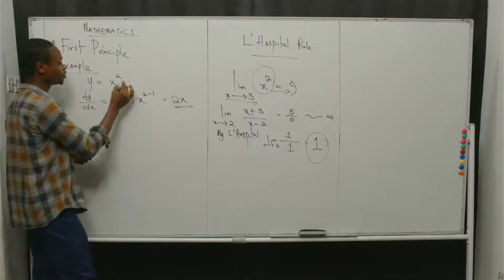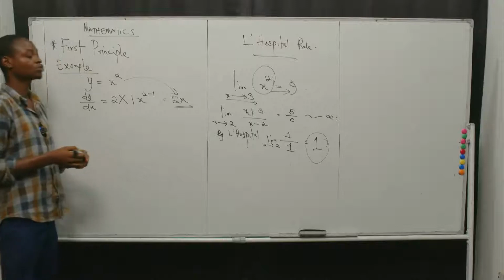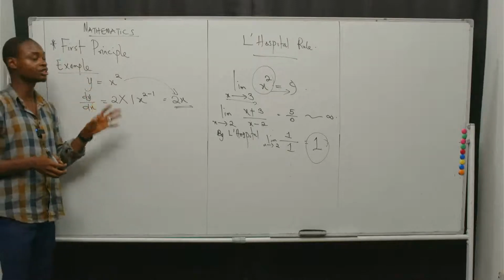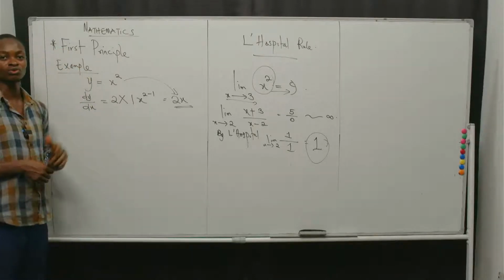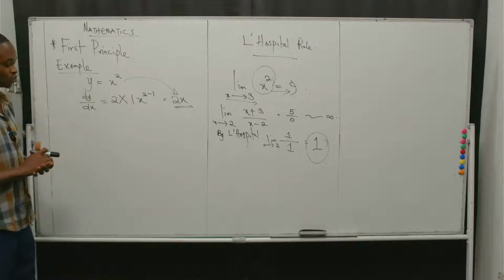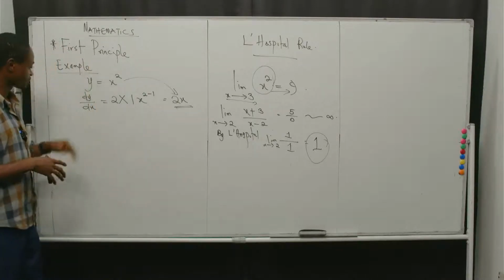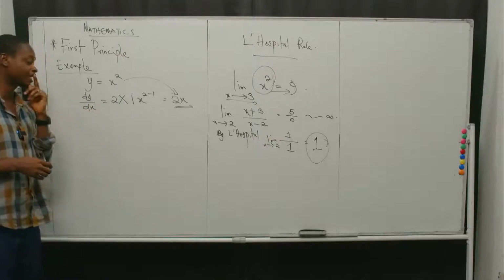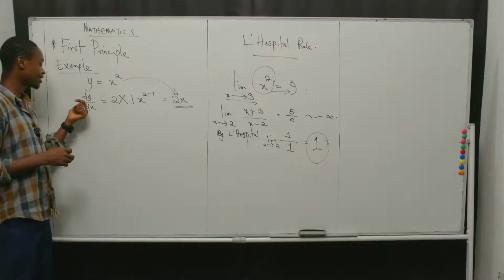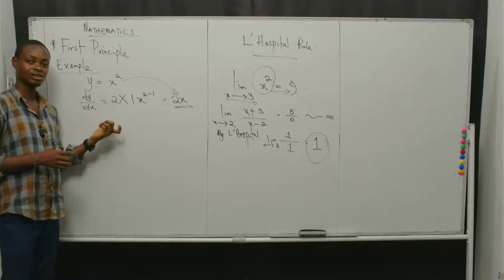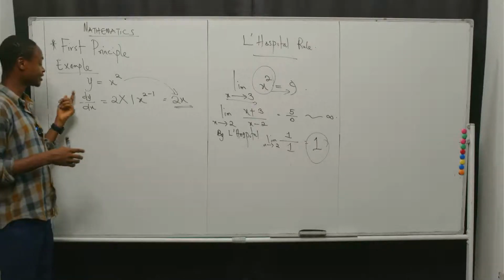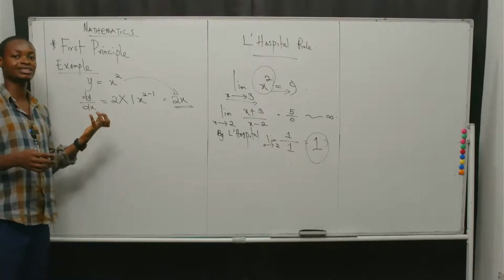But then, how did we move from here to here? We can show this by using first principle. And that is what we want to showcase today. Now, where do we start from? Remember, when we said dy/dx, we explained that this means that an increase in y is caused by an increase in x, right?